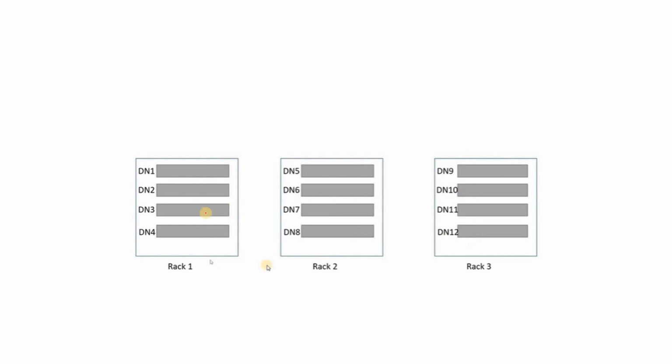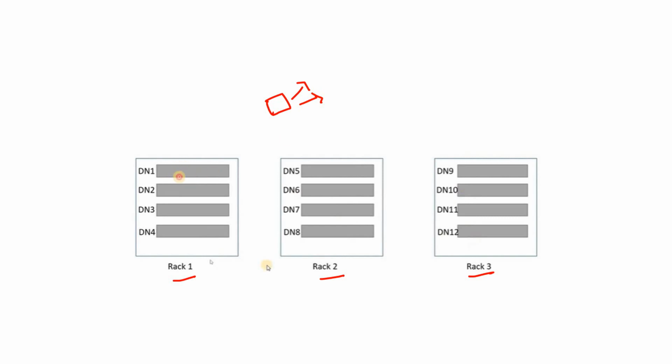Suppose this is our data center where our HDFS is sitting. Here multiple racks are available, and within racks multiple data nodes are available. Now suppose you have configured your HDFS such that whenever a block is written in any data node, to make the system more fail-safe, we will take two more replicas in other data nodes.